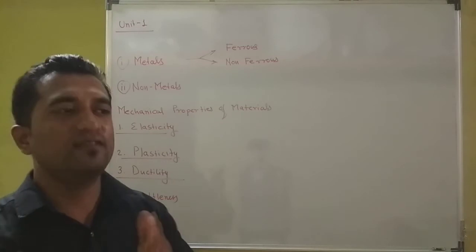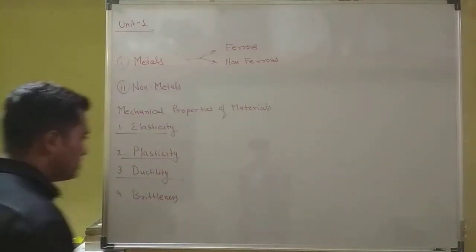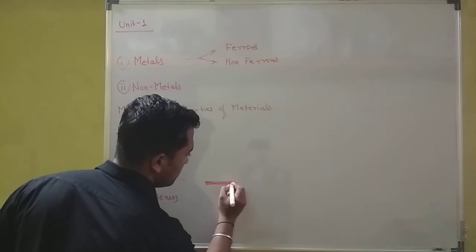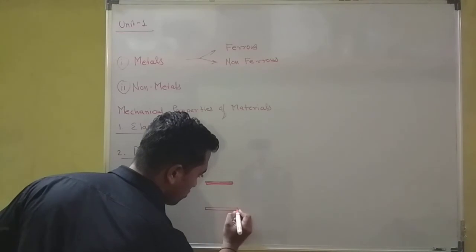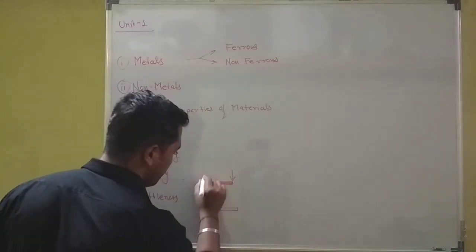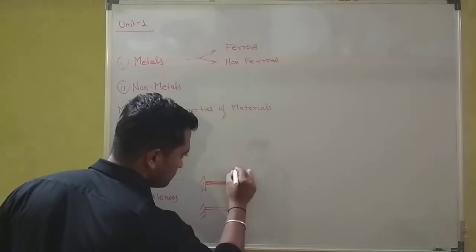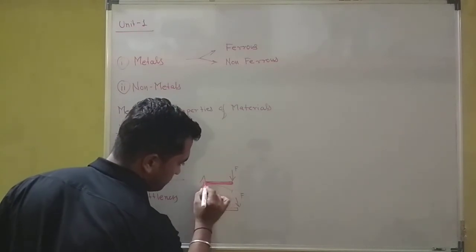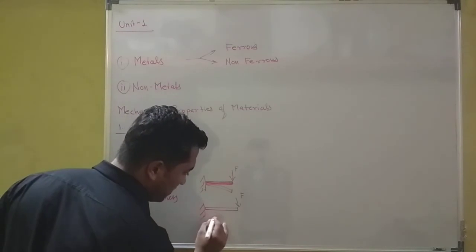Now to understand this, we have to compare both things. One side you take a steel rod and one side you take a glass rod. Fix this side, apply a load. This rod will get deformed, but this glass straight away will get break.